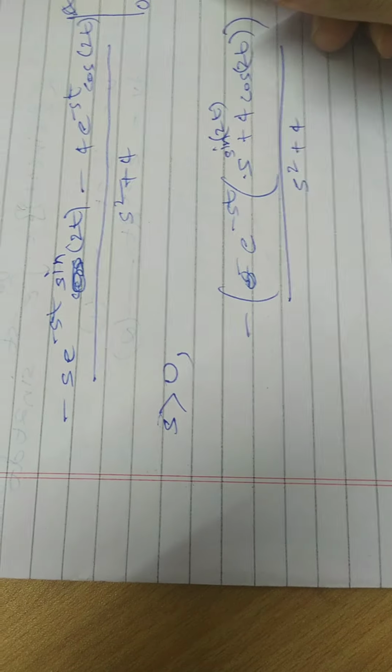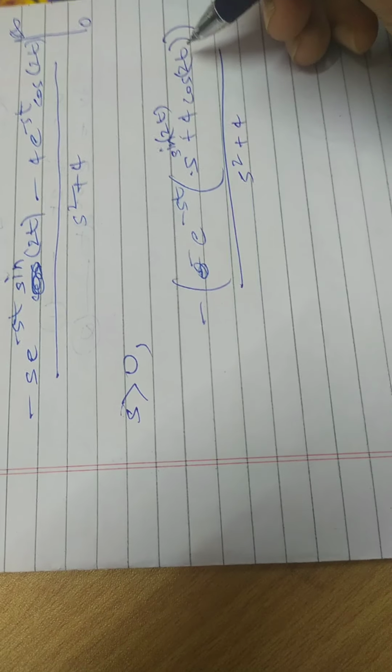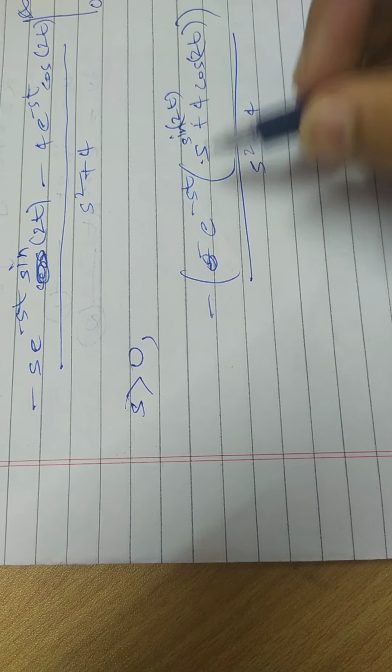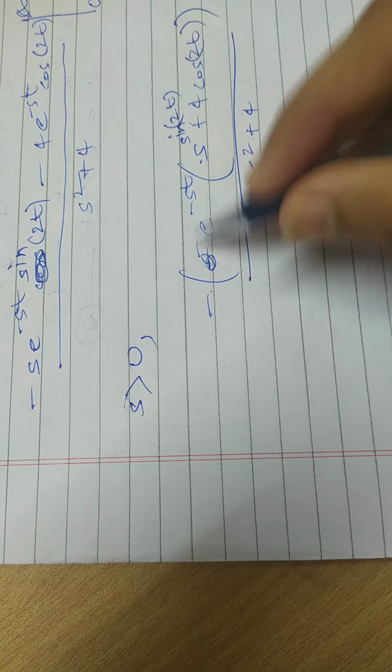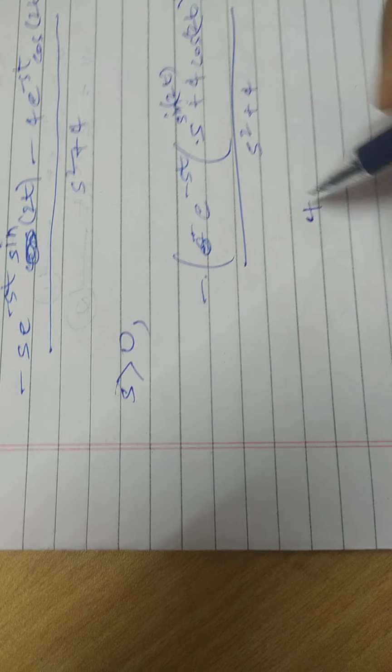But t is 0, so sin 2t becomes 0 and cos 2t becomes 1. And e power 0 is 1, so we have minus into minus is plus 4 by s square plus 4.